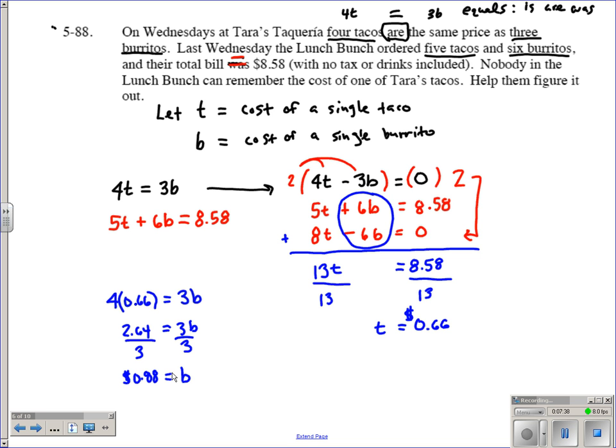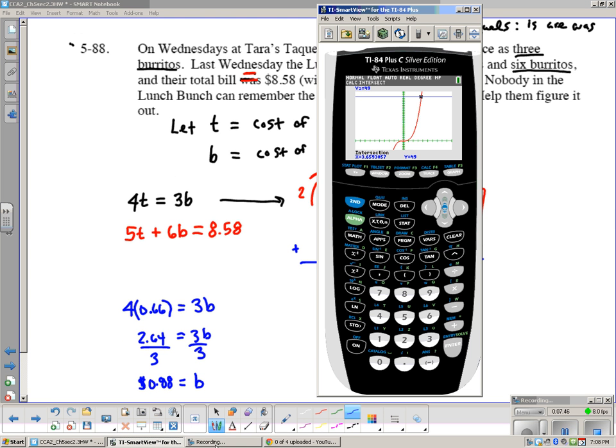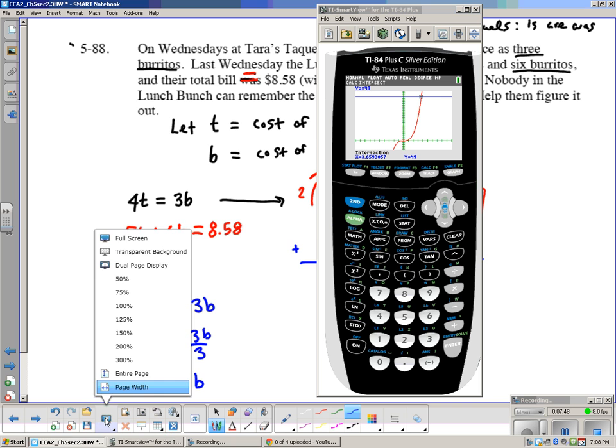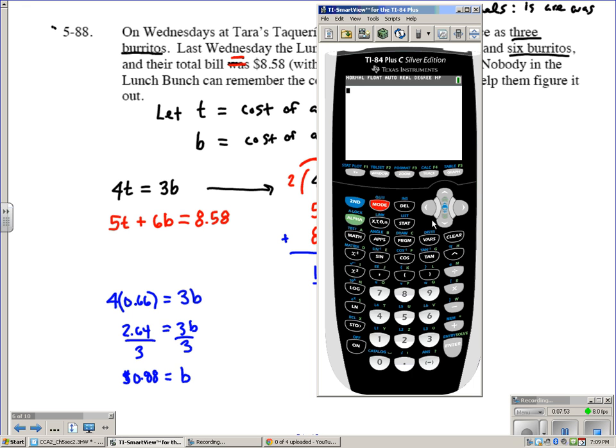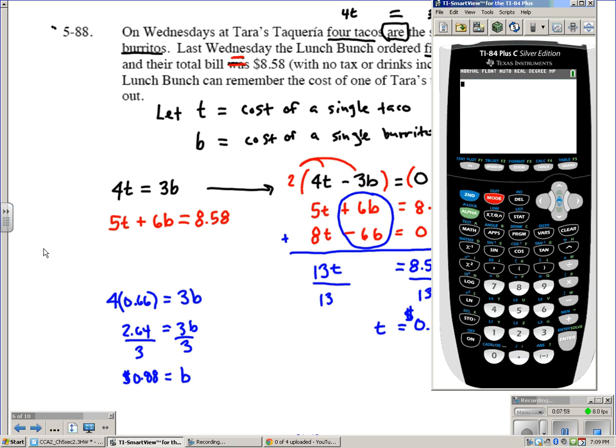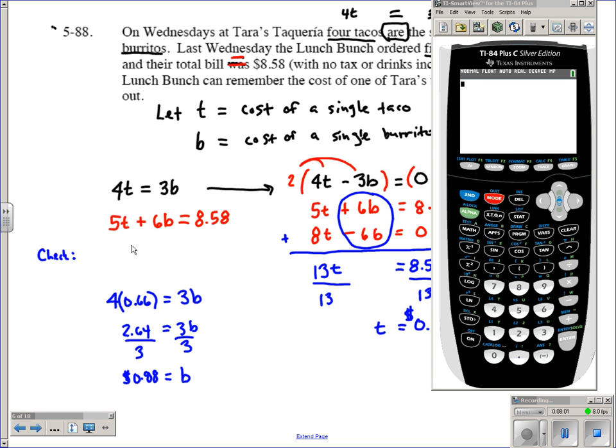If we wanted to double check the whole thing overall, let's get out our calculator real quick just to make it faster. We know that this is just a check. If we do 5 times our 66 cents plus 6 times our 88 cents, it should equal $8.58.